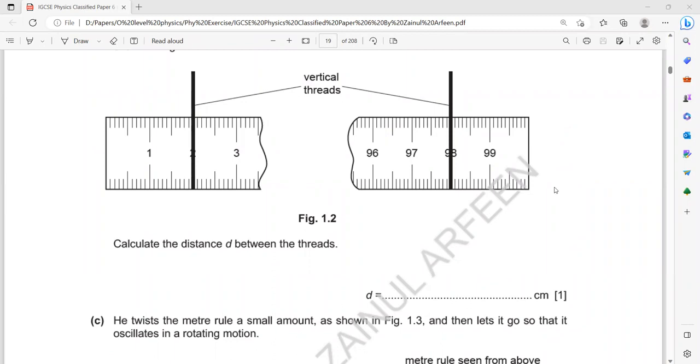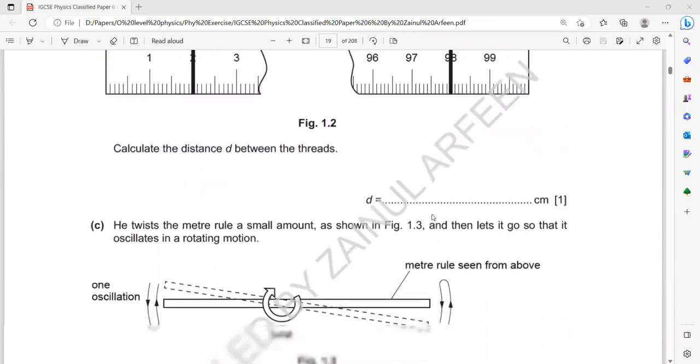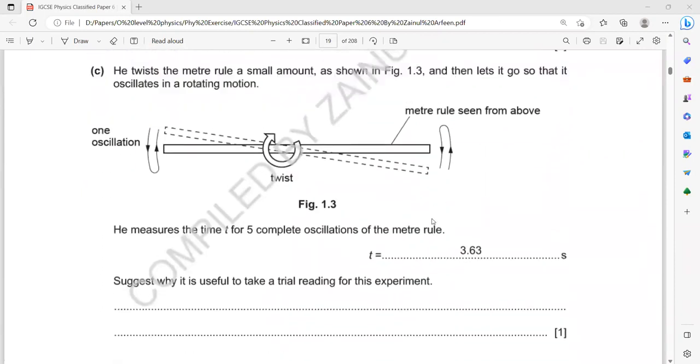But it's a meter rule, so the maximum is about 100 centimeters. If it was 9.8 centimeter, in millimeter you will multiply by 10. So both are acceptable. You can use centimeter or millimeter, as in this question it is already mentioned.